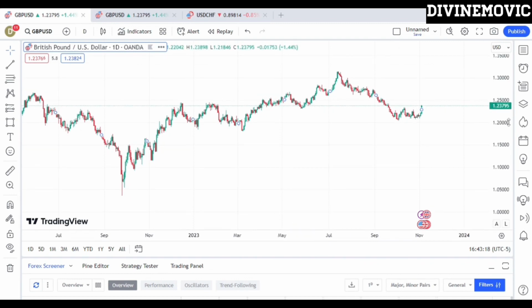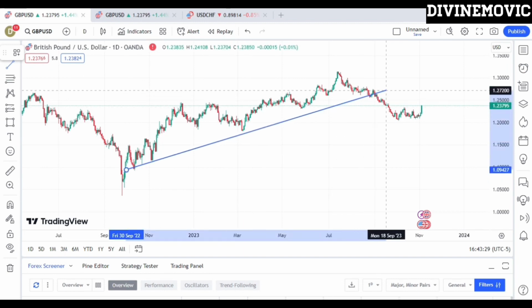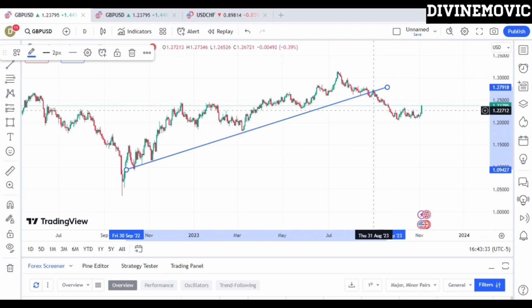And now the first thing to do is to identify the trend. Now, how do we identify this trend? We are seeing here that we are in an uptrend at this zone, but price broke through the trend line, giving us an impression that we are in a downtrend.